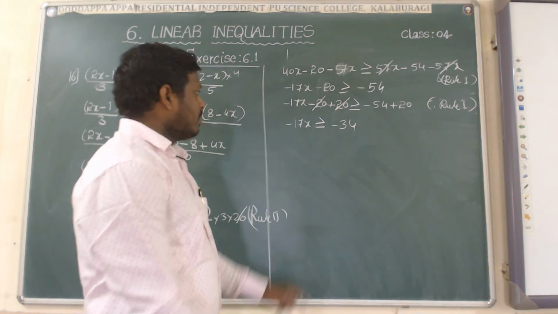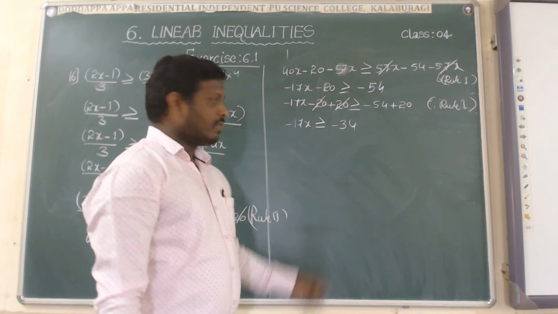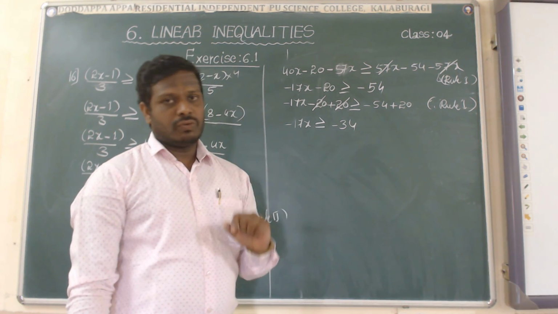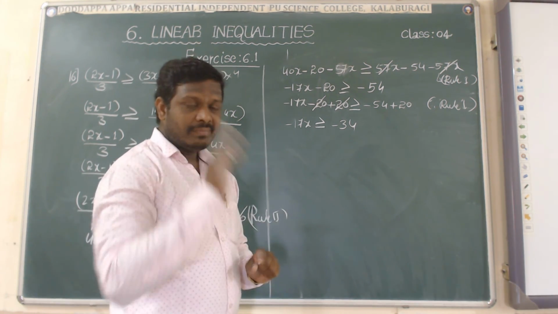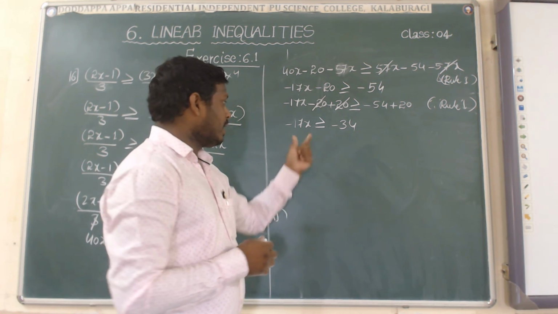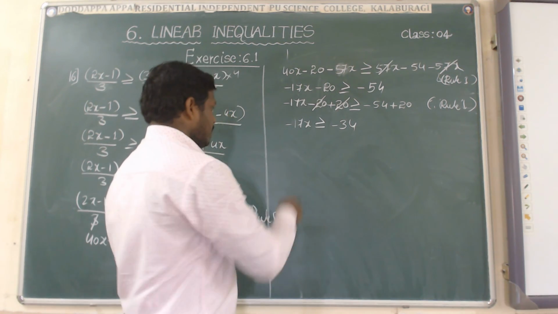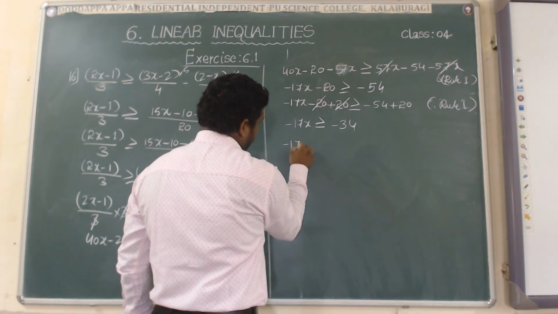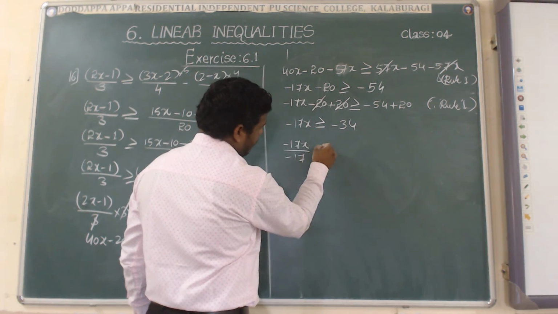See here, in this statement, the coefficient of x is minus 17. We have to convert it into a positive one. When we divide both sides by negative 17, you will be getting positive, and the sign will be reversed according to the second rule. So I am going to divide both sides by minus 17. Then the sign will be reversed.